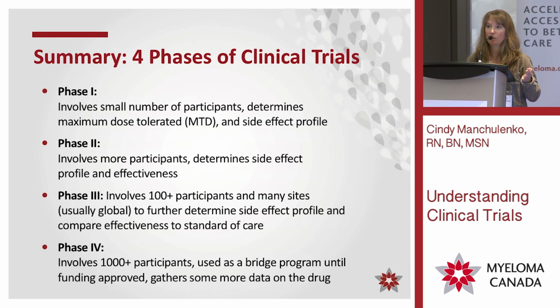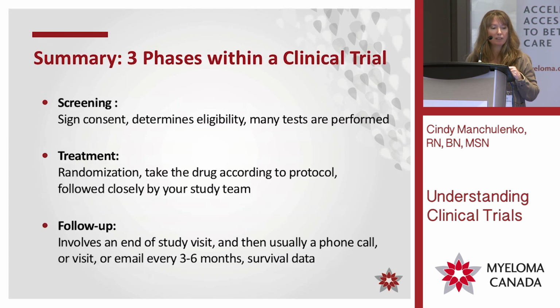We're still trying to determine the side effect profile and efficacy data, and we're comparing these drugs to the standard of care in hopes that we can then go for Health Canada approval. Phase 4, we usually use as a bridge program, but also to collect more efficacy and side effect profile data, which helps with Health Canada approval and reimbursement later.